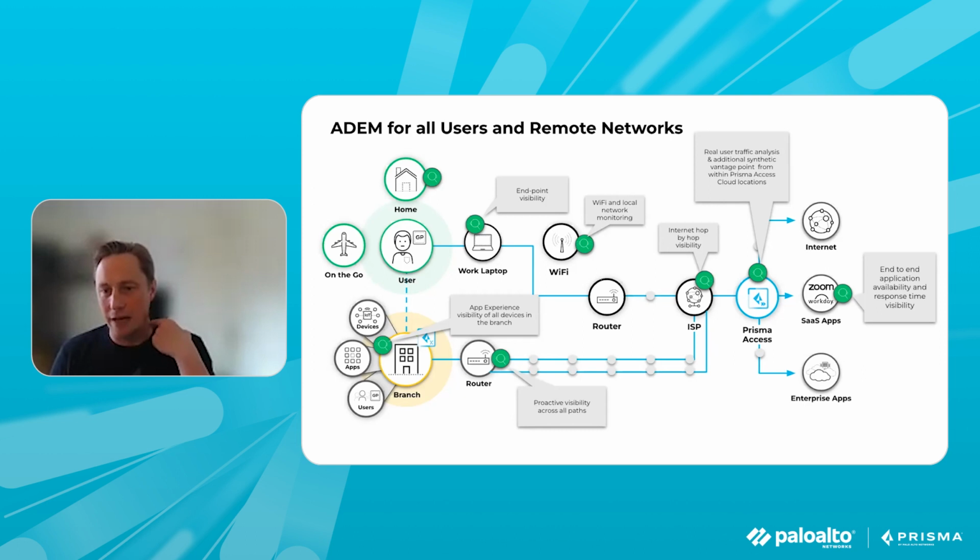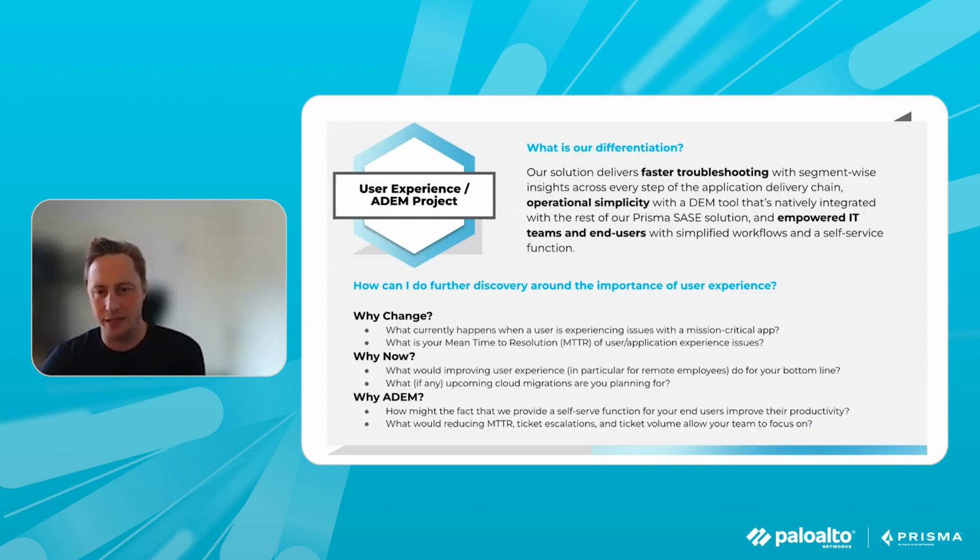And that means there isn't even a ticket raised. Or if there is a ticket raised, the help desk can have a look and say, look, this isn't our infrastructure, this is an issue with your home infrastructure. And mean time to innocence enables the help desk to close down that user experience. So this is another thing, or mean time to resolution. I like mean time to innocence, but it's not our problem, this is a resolution to it.